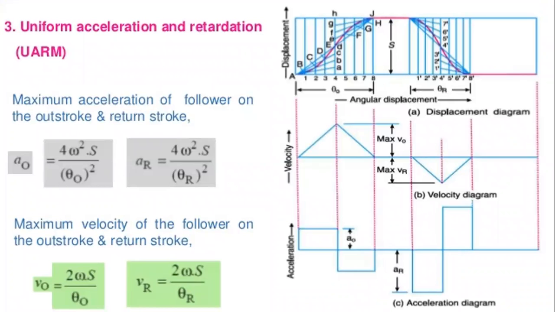Today I am going to explain the uniform acceleration and retardation. That is the third type of motion of the follower.